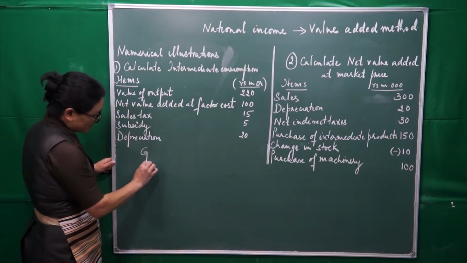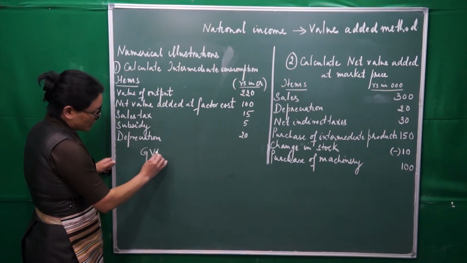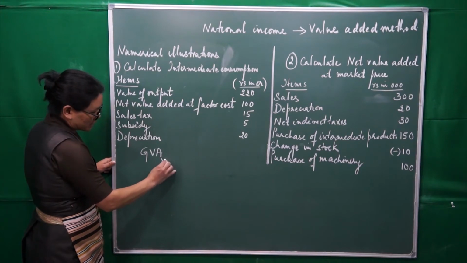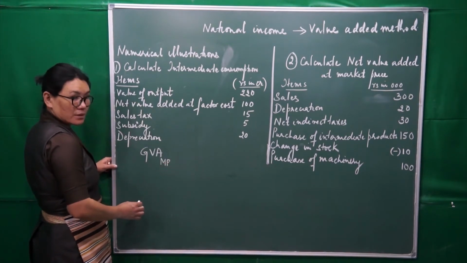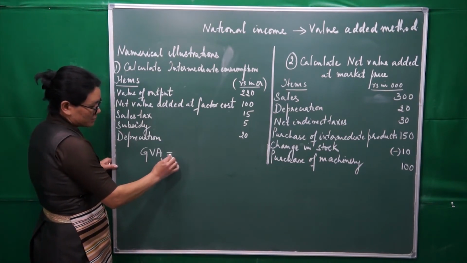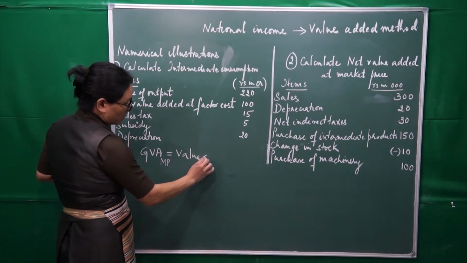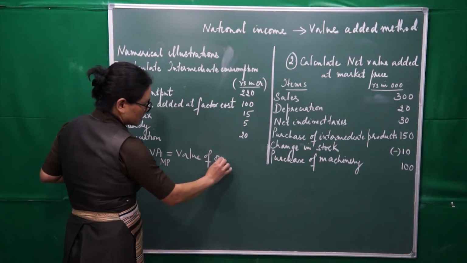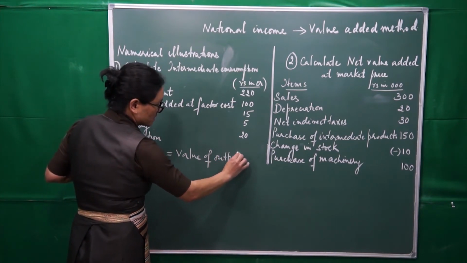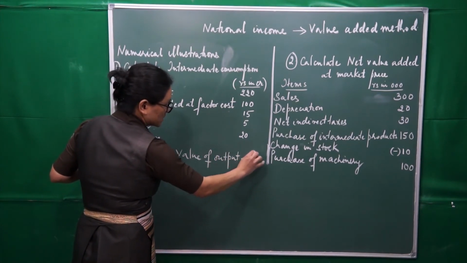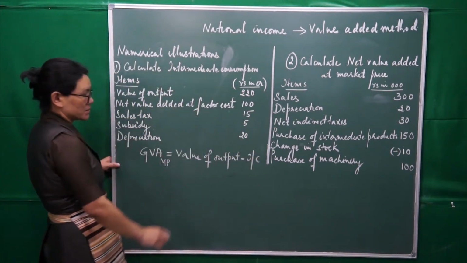First one is, we will say gross value added at market price is equal to value of output minus intermediate consumption, right?